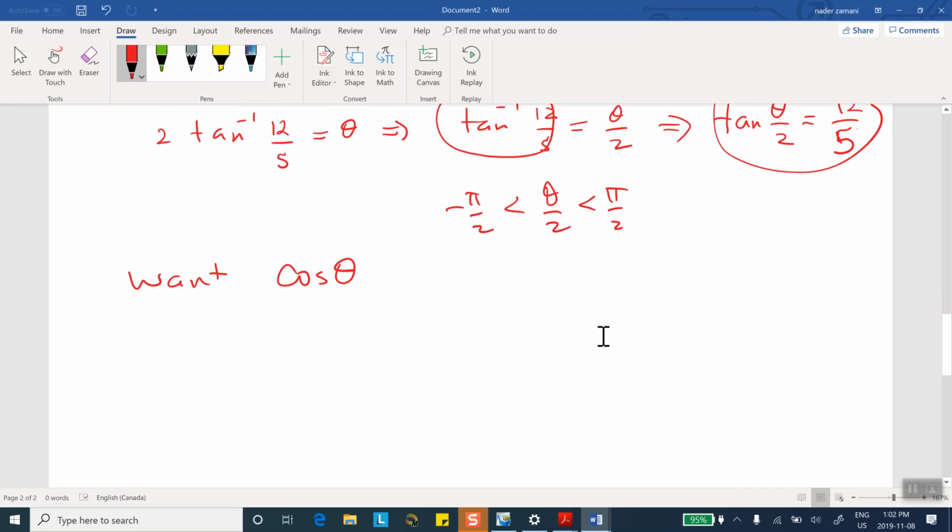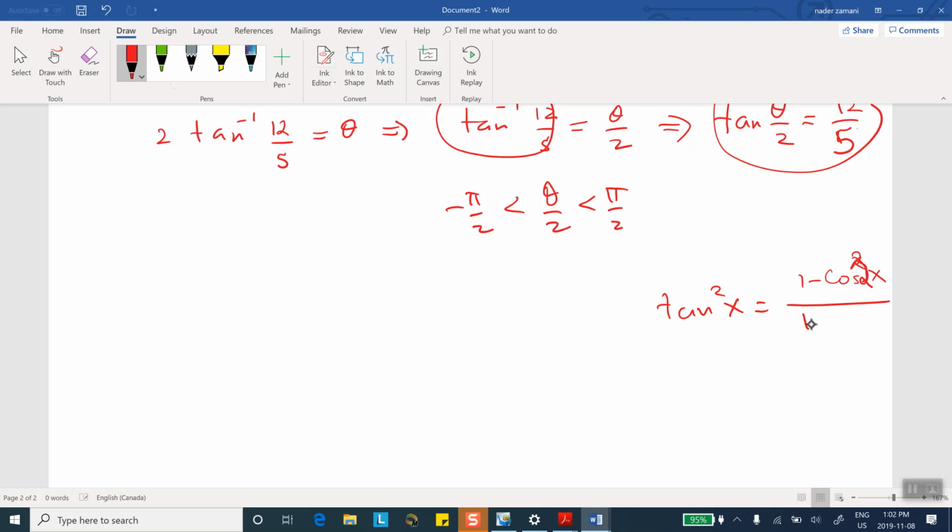That formula says tan squared x is equal to, and what was it? 1 minus cosine of 2x divided by 1 plus cosine of 2x.